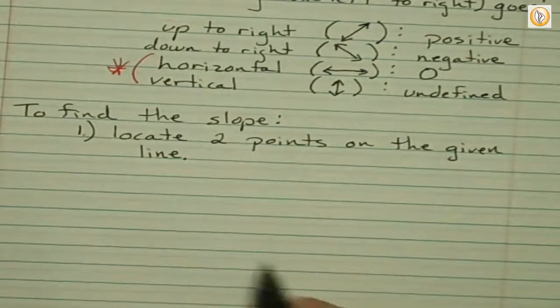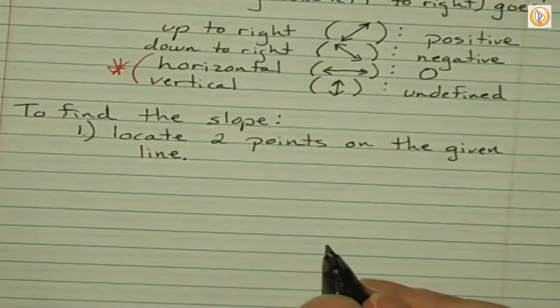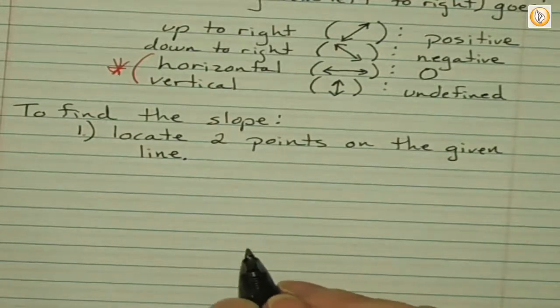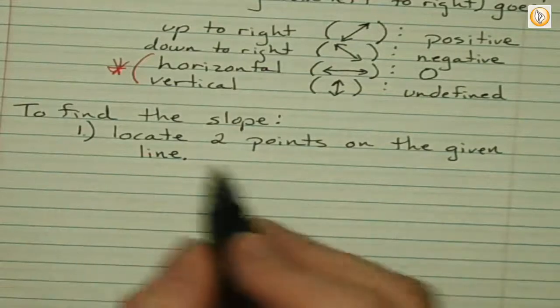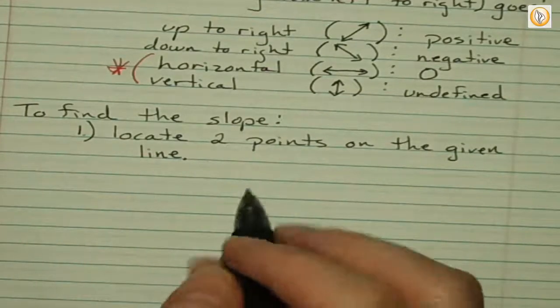Locate 2 points on the given line, not your Cartesian plane X and Y, but your actual graphed line. So you're going to locate 2 points on the given line.